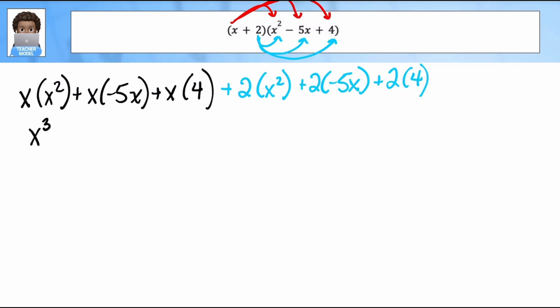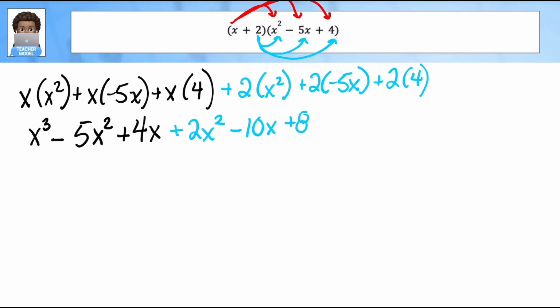All right, so starting off with the first set, again, I'm just multiplying. So I know this is x to the third power minus 5x squared plus 4x. And then with the next set, I have 2x squared minus 10x plus 8. So it's getting more simple, so it is getting smaller each time.